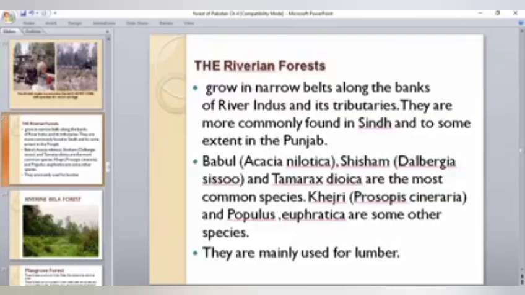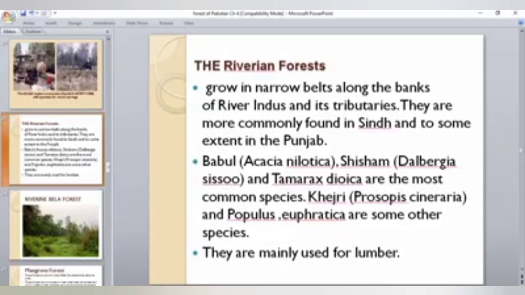The riverine forest. These forests grow in a narrow belt along the bank of river Indus and its tributaries. They are more commonly found in Sindh and to some extent in Punjab as well. Babul, Shisham, Tamarix are the most common species.